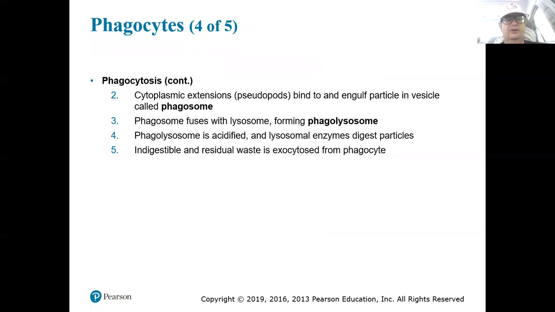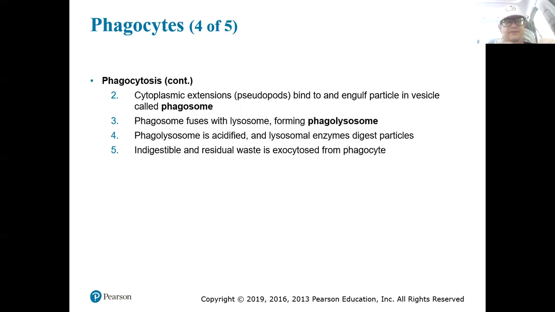So cytoplasmic extensions called pseudopods, remember pseudopodia, bind to and engulf the particle in a vesicle called a phagosome. The phagosome is going to fuse with a lysosome. Remember, I described this as being like a mobile floating stomach. They're full of acid, they're full of digestive enzymes.